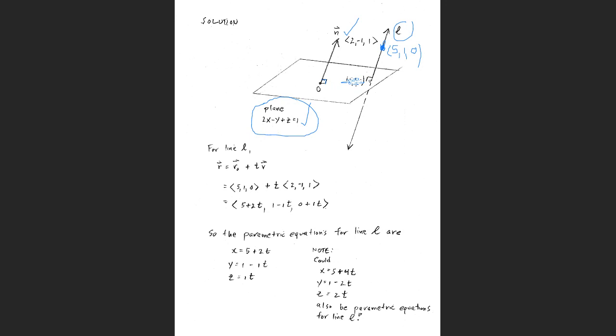So there's the line L, perpendicular to the plane and passing through the point 5, 1, 0. And the line L goes in the direction of 2, negative 1, 1. So that means the vector equation for the line is r equals 5, 1, 0 plus t times 2, negative 1, 1.